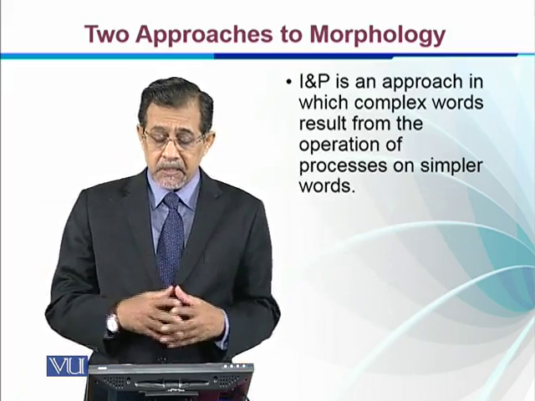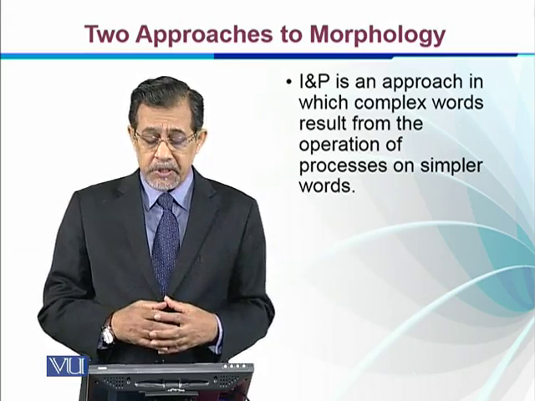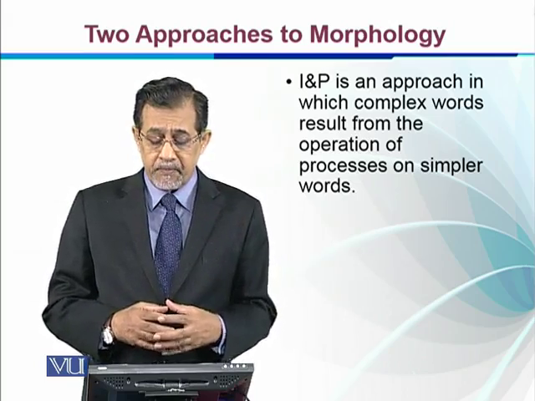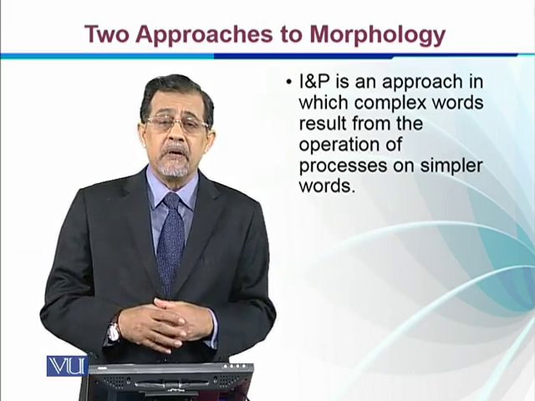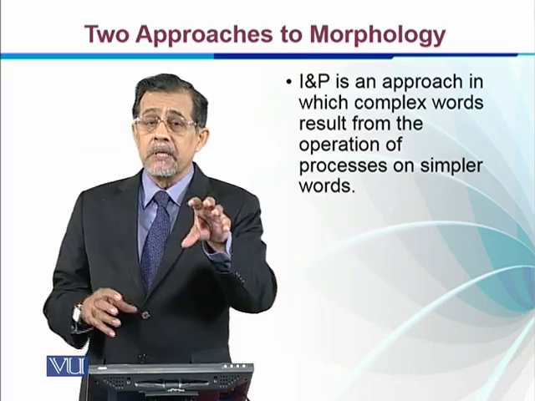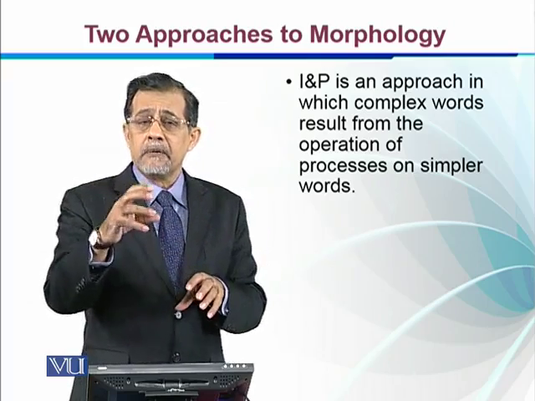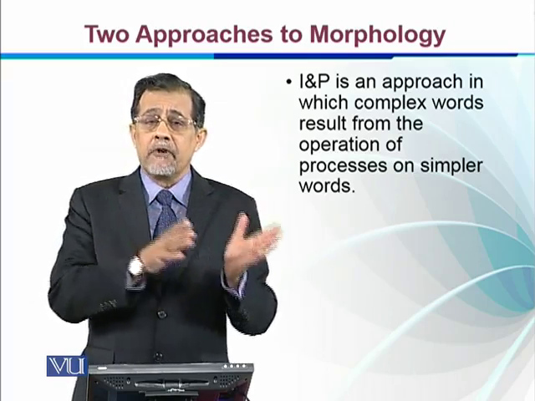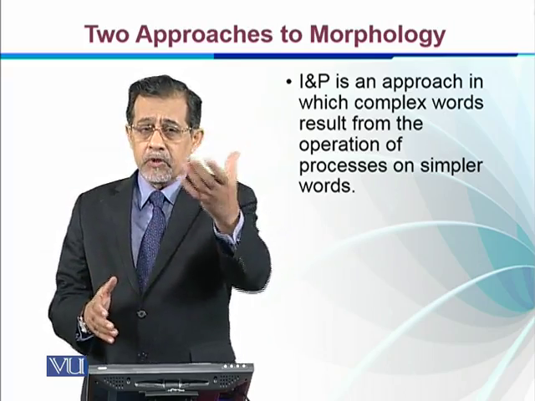Item and process is an approach in which complex words result from the operation of processes on simpler words. So we look at how the word books has undergone a certain process and becomes books from book, or book from books.